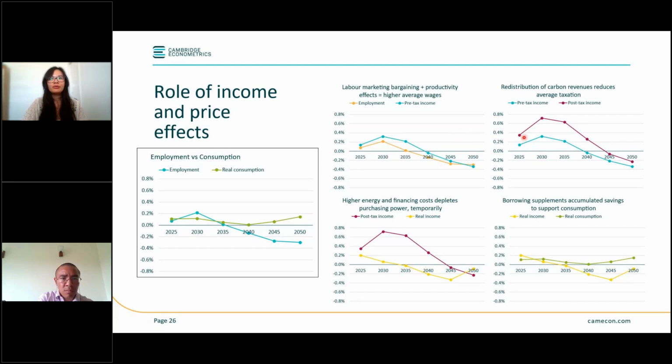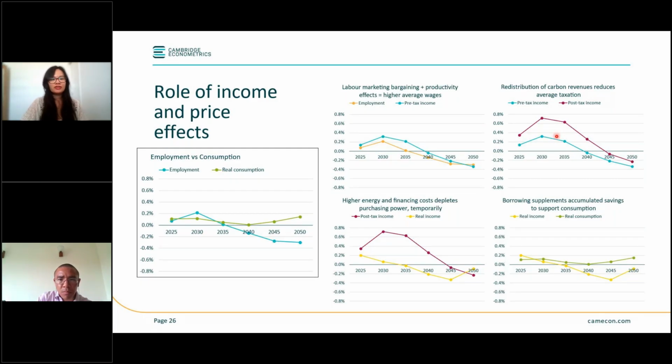If we move on to looking at pre-tax income and post-tax incomes, they still mimic each other somewhat, but there is a larger gap compared to what we were looking at in terms of employment and pre-tax incomes. This gap between the two lines basically represents the average tax burden.